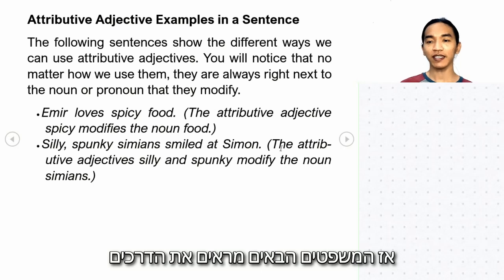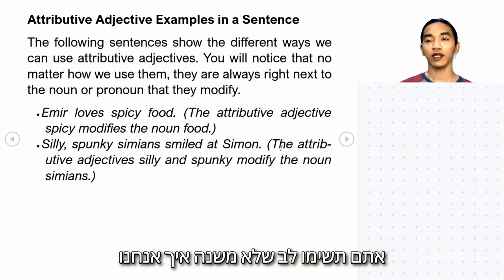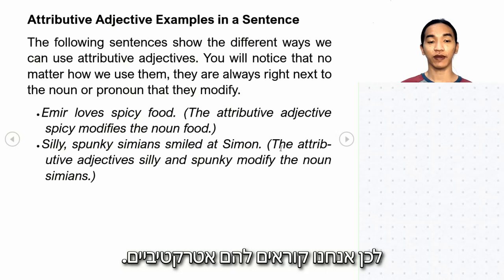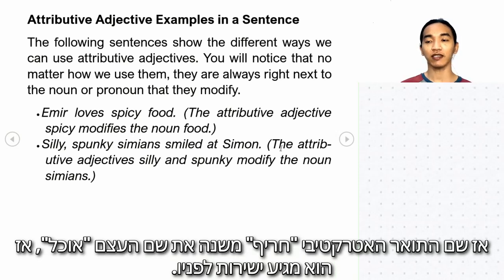Next, attributive adjective examples in a sentence. The following sentences show the different ways we can use attributive adjectives. You will notice that no matter how we use them, they are usually or always right next to the noun or pronoun that they modify. That's why we call them attributive. Emir loves spicy food. The attributive adjective spicy modifies the noun food, so it comes directly before it.